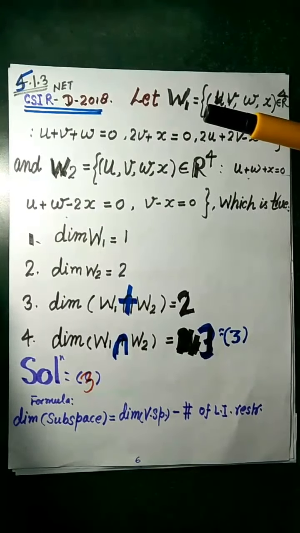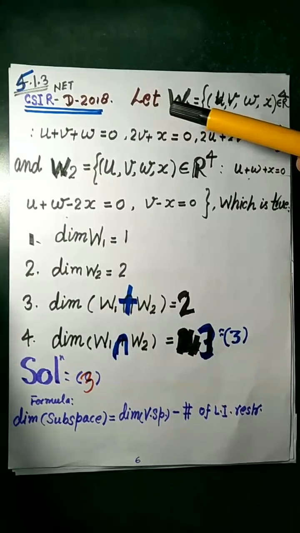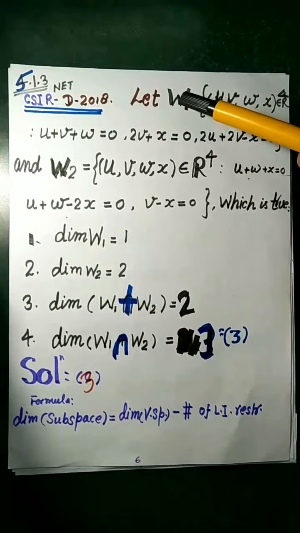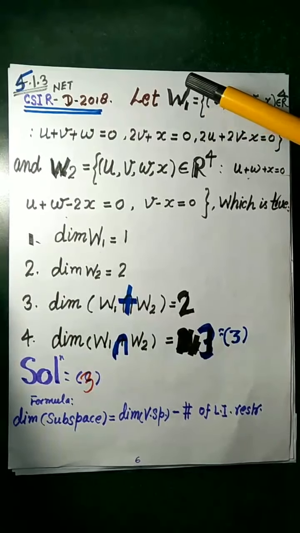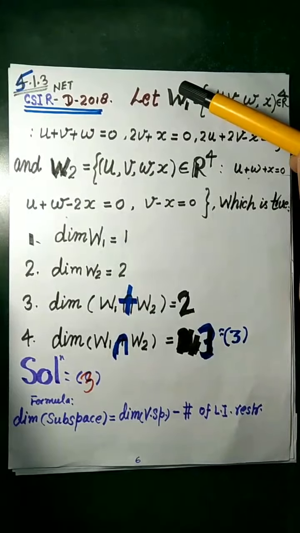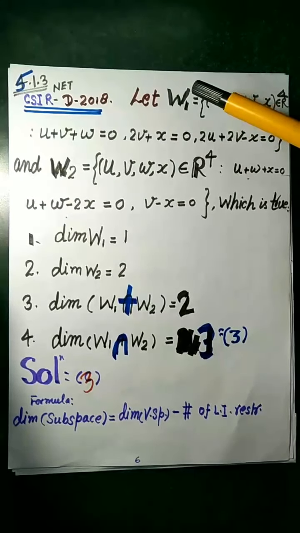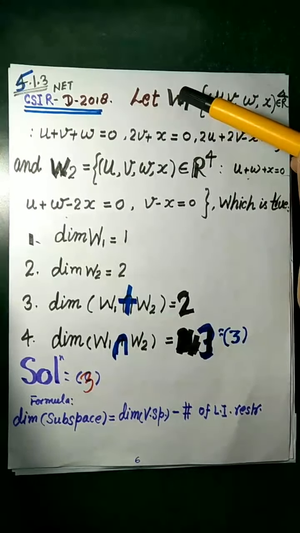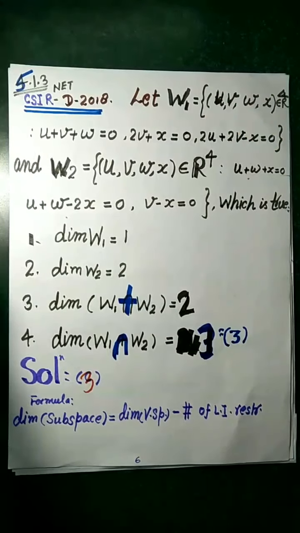If we want to obtain the dimension of this subspace W, we have some ways of calculating the dimension of a subspace. First way, we consider the whole subspace as a vector space, then apply the rule.